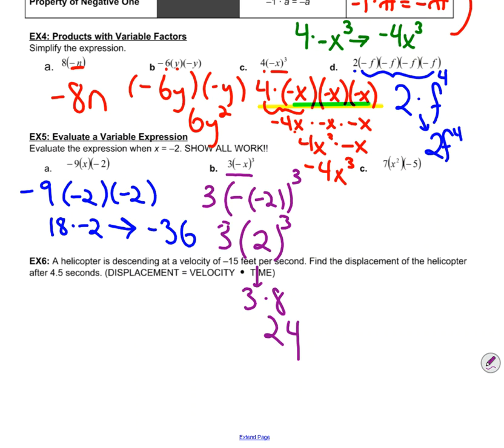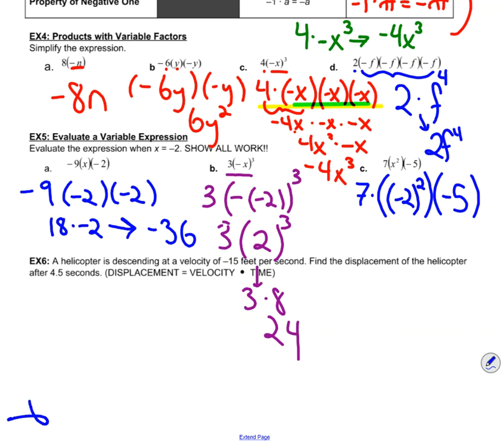Last but not least, C. This one is going to require a note at the end. Let's plug in -2 here, so 7 times -2 in parentheses squared times -5. This requires a huge note at the bottom of your page.